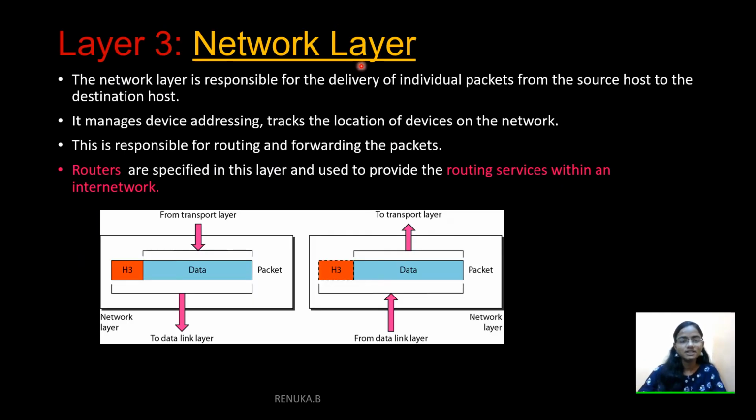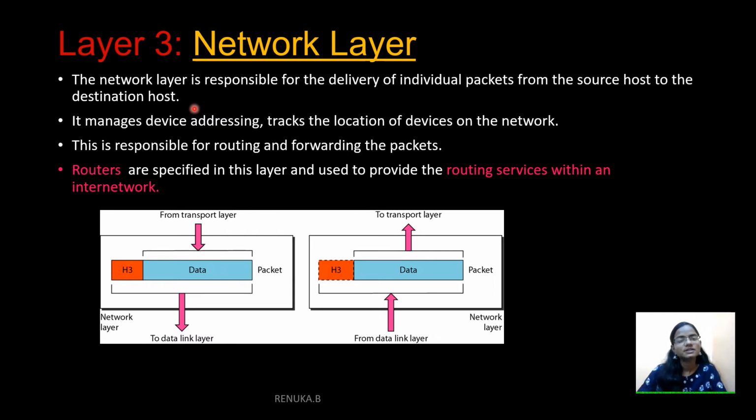The third layer is the network layer. The data in this layer is called packets or datagrams. The network layer is responsible for the delivery of individual packets from the source host to the destination host. It determines the best path to move the data from source to destination based on network conditions, priority of services, and other factors.